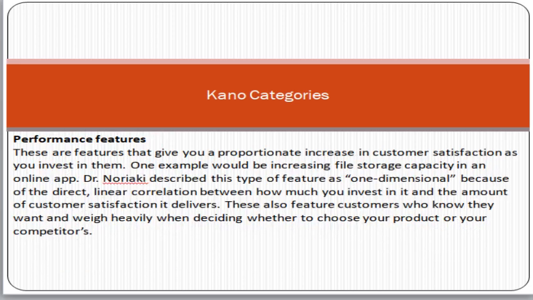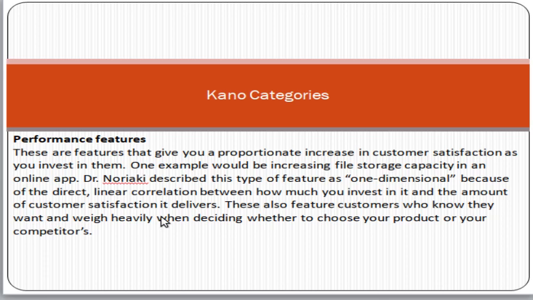Then the performance features. These are the features that give you a proportionate increase in customer satisfaction as you invest in them. One example would be increasing file storage capacity in an online application. This type of feature has one dimension because of the direct linear correlation between how much you invest in it and the amount of customer satisfaction it delivers.